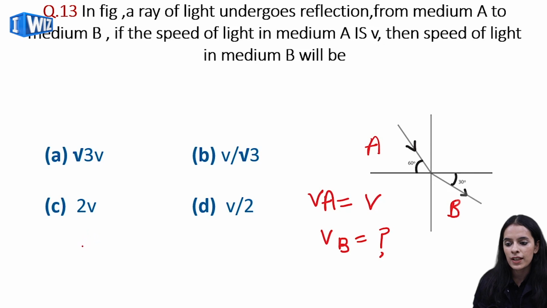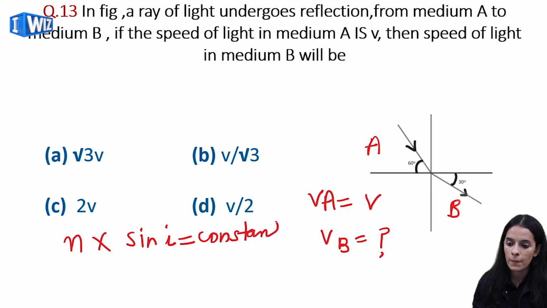The third law states that the product of refractive index and sine of angle of incidence is always constant. So this was the third law of refraction.